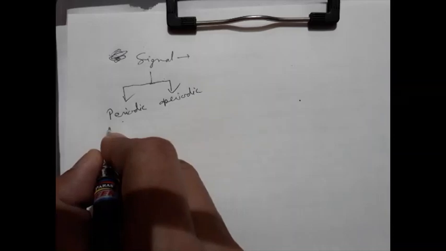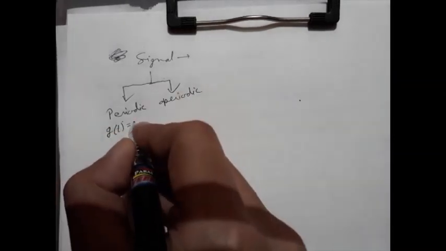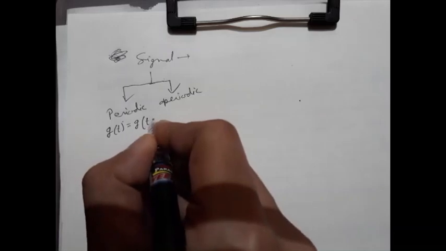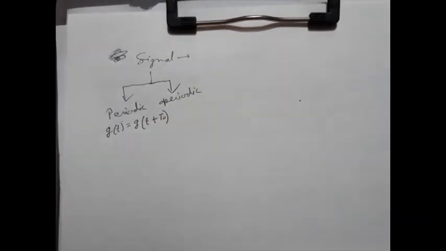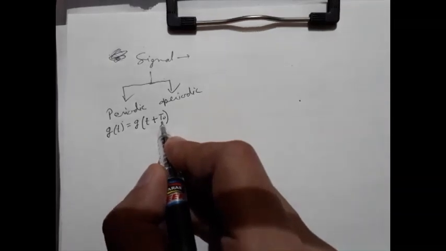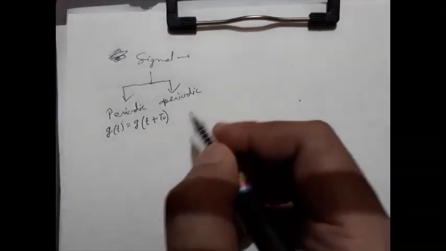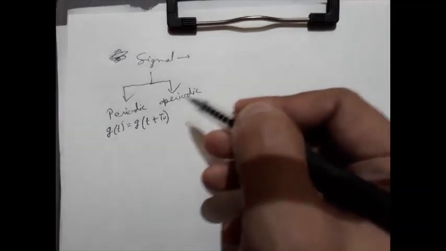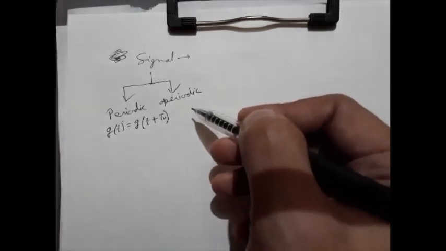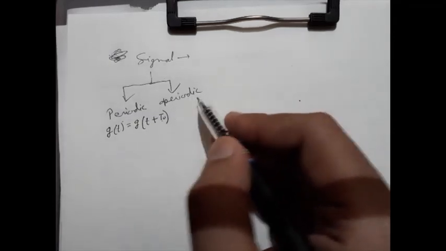That means if a signal is represented by g(t), then it should repeat itself after a certain time, say t0. This is what we call the periodic signal. For an aperiodic signal, the signal will not get repeated. Any time-bound signal is an example of an aperiodic signal.